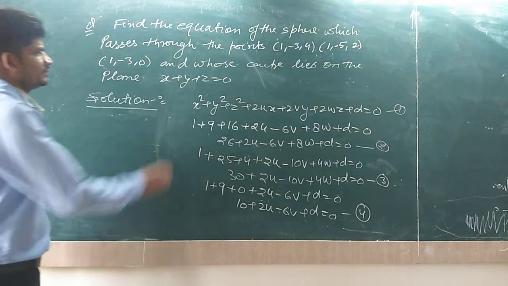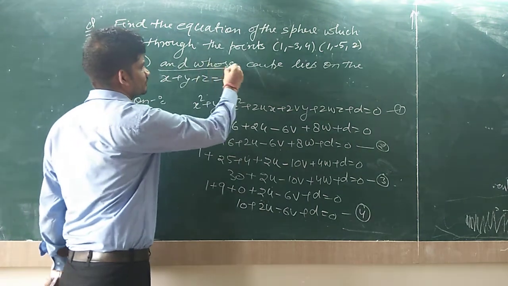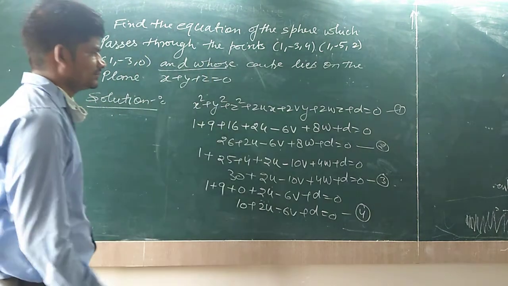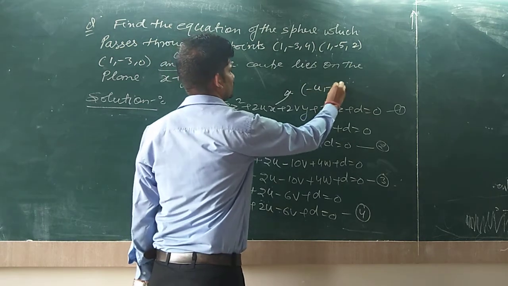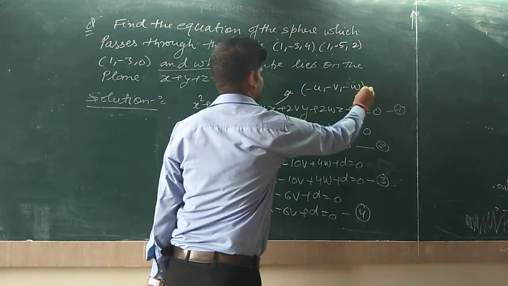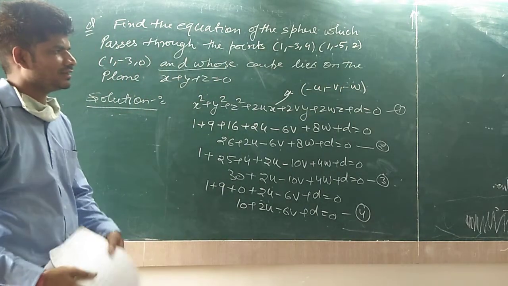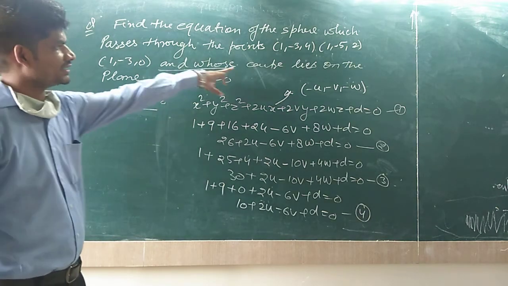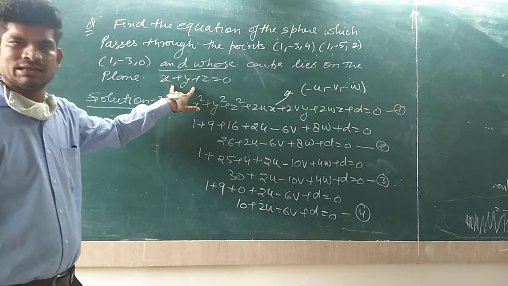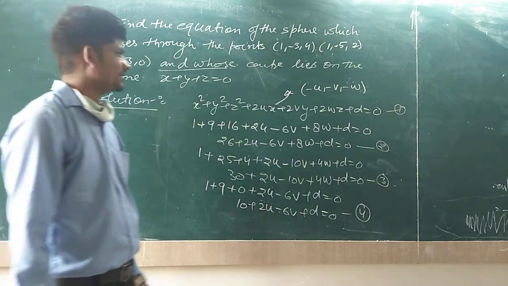And the last condition is about the center. The center of the sphere in equation 1 is (minus u, minus v, minus w), and the center lies on the plane x plus y plus z equal to 0.